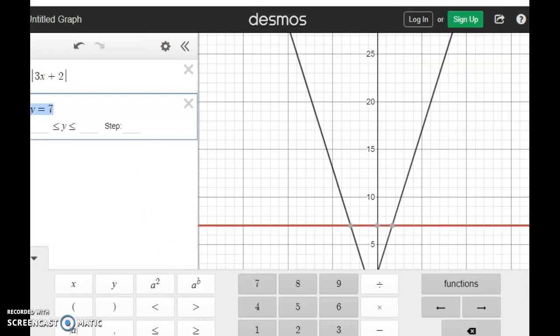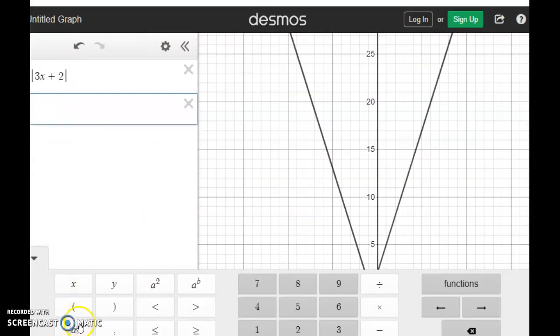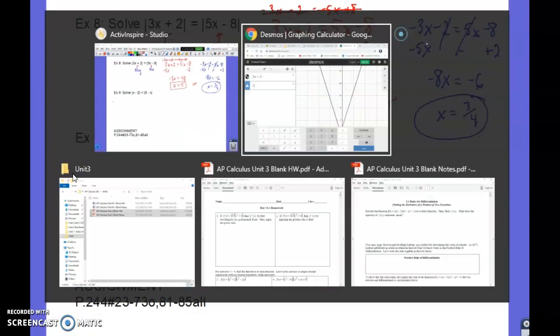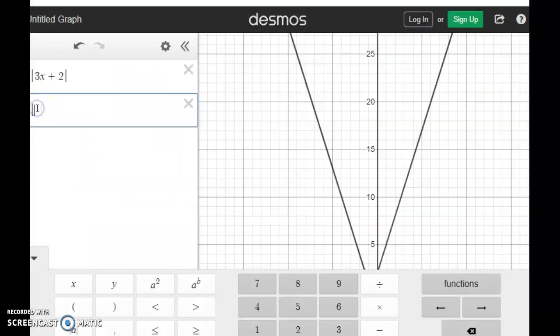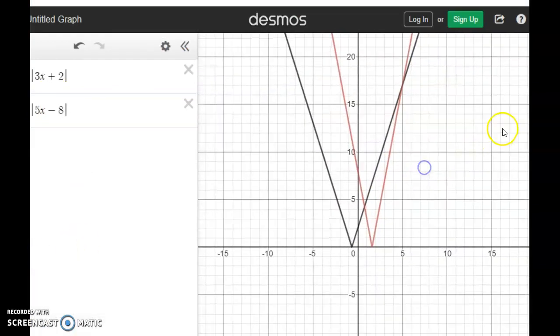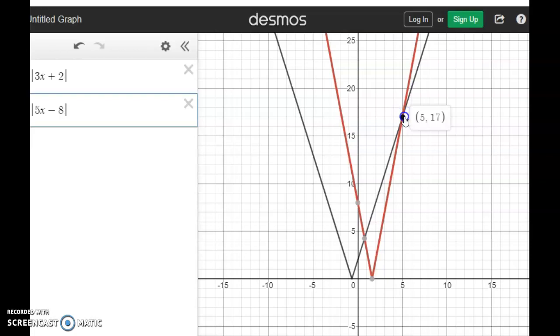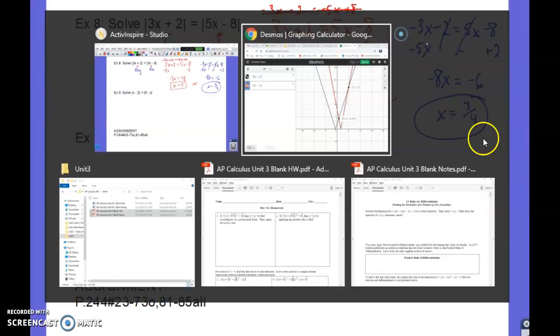And then this one, again, absolute value of 5x minus 8. You can see, if I move my screen and zoom in a little bit, actually I don't want to zoom in because one point of intersection is at x equals 5. The other is at 0.75, which is 3/4, which is what I said.